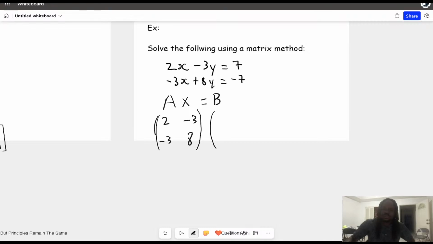The two letters are X and Y. Put the X at the top, put the Y below, and this is equal to B. What is B? B are the answers. So that's 7 and that's negative 7.